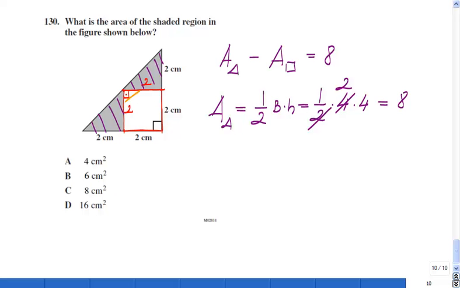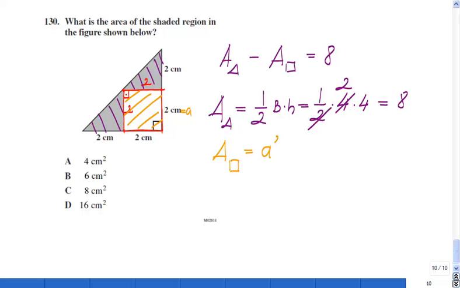Now, what is the area of the square that you're going to cut off your triangle? The area of the square is given by the product of its sides. A square is actually a rectangle, base times height, but for a square all your sides are the same.